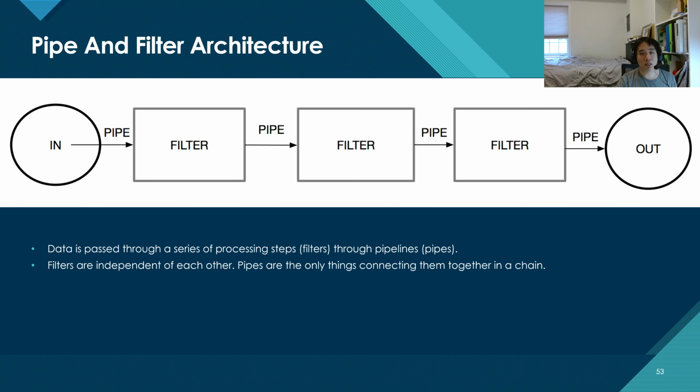Okay, I'm going to move on to pipe and filter. So the pipe and filter is where you have multiple filters, basically multiple processes that are independent from one another.